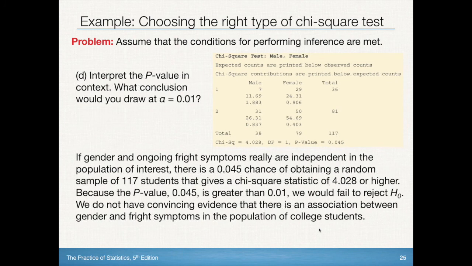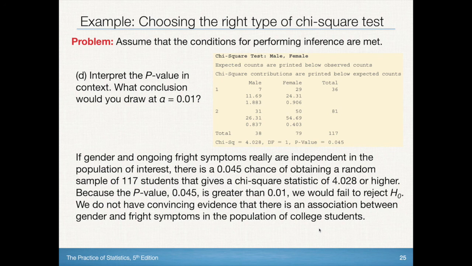So if we now follow through and actually calculate the p-value and compare it to an alpha level of 0.01, we can see in the table that our p-value is 0.045. When we create the script to come up with our conclusion, remember that the first thing we're going to say is, if the gender and ongoing fright symptoms really are independent in the population of interest, remember that that was our null hypothesis statement, then there is a 0.045 chance of obtaining a random sample of 117 students, given the chi-squared statistic.